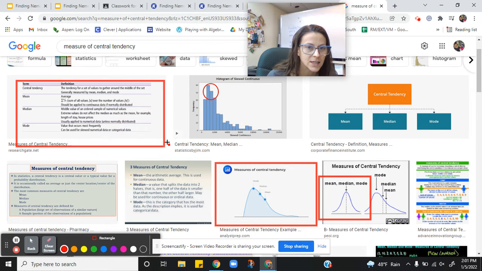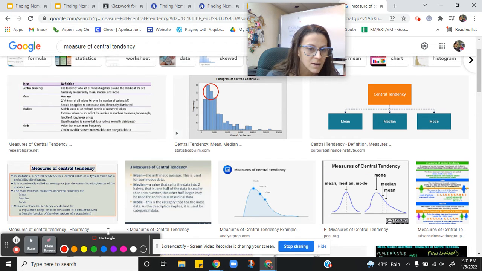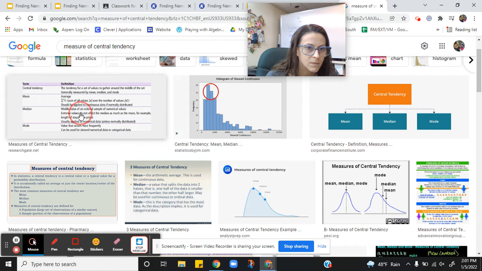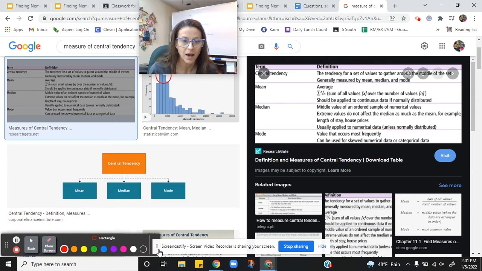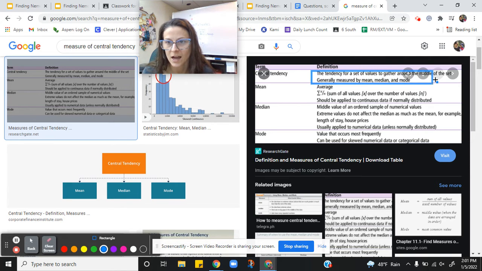Okay, here we see fancy definitions, but I need you all to believe in yourselves that you can make sense of this, okay? The central tendency is the tendency for a set of values to gather around the middle of a set.